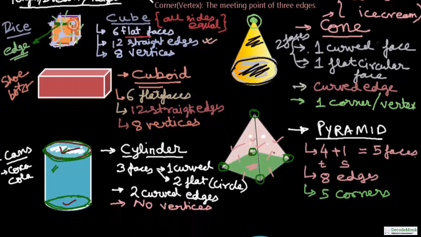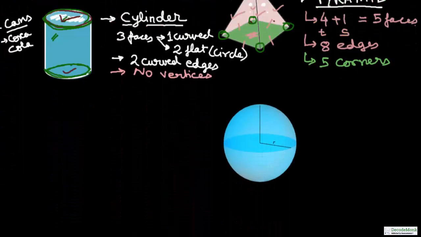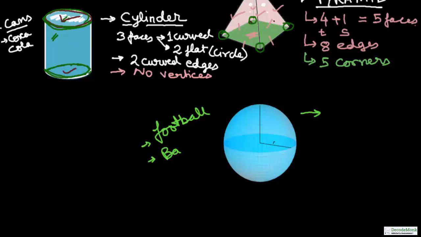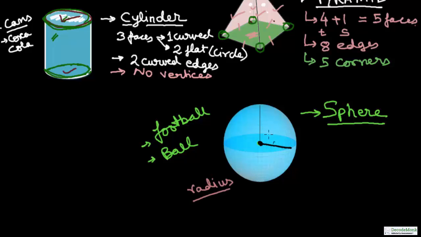And now let us come to one more shape, and the best example of such a shape is a football or simply a cricket ball, and the shape is called a sphere. It has got a center, and the distance from the center to the surface is called the radius of the sphere.